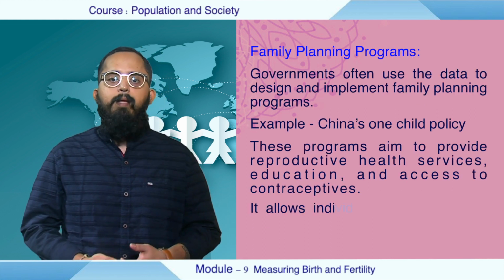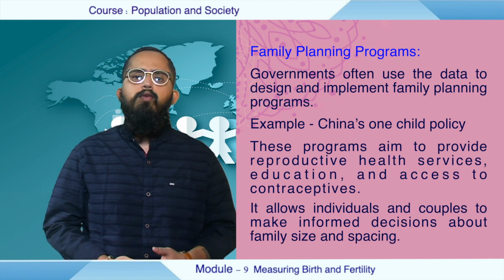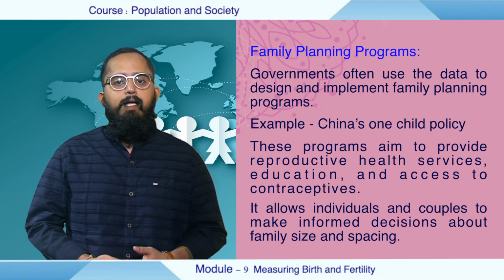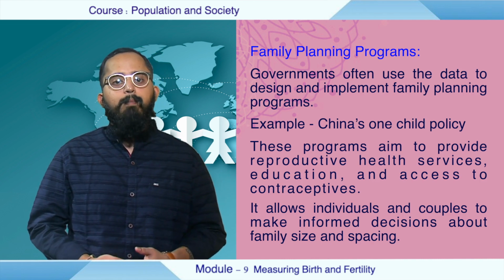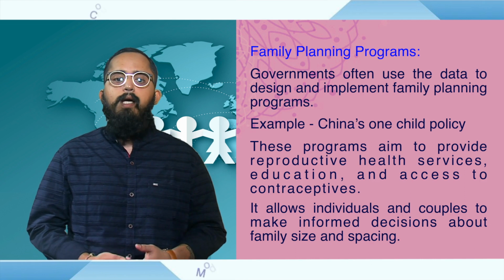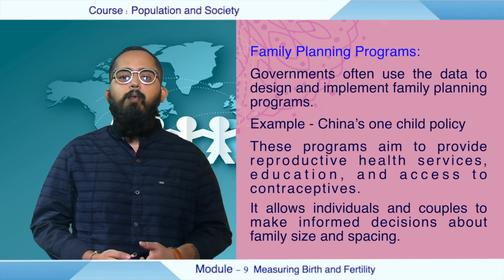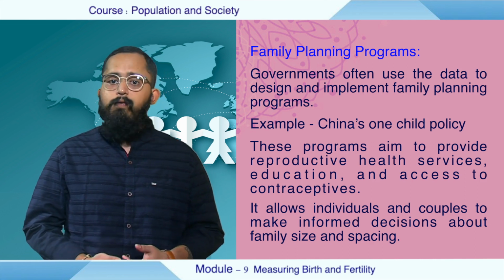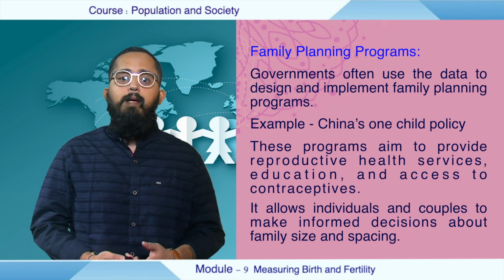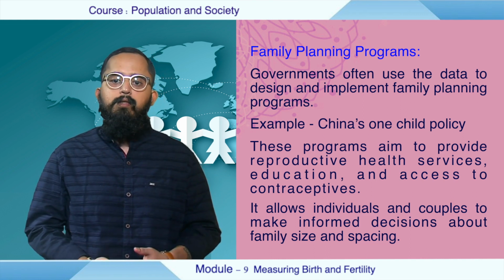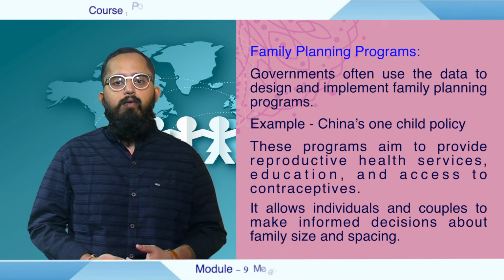Seventh is the family planning programs. Governments use birth and fertility rate data to design and implement family planning programs. China's one-child policy or India's previous policy of Hum Do Hamare Do are very good examples. These programs aim to provide reproductive health services, education, and access to contraceptives.